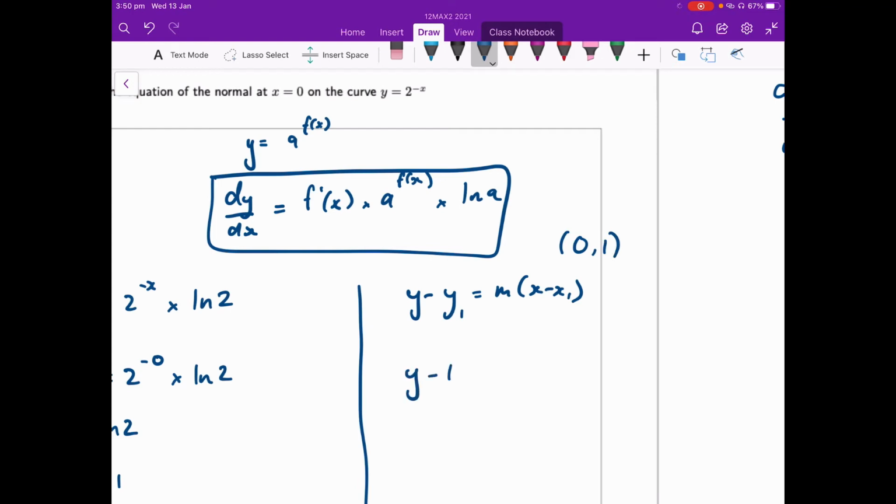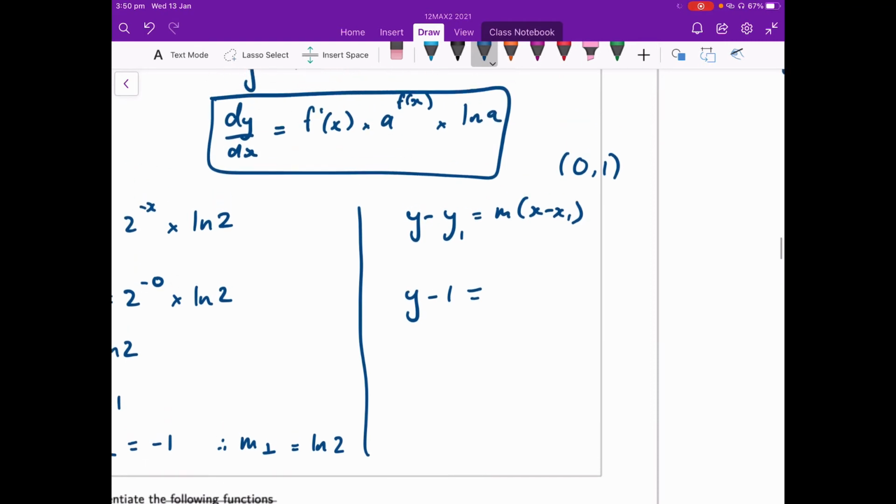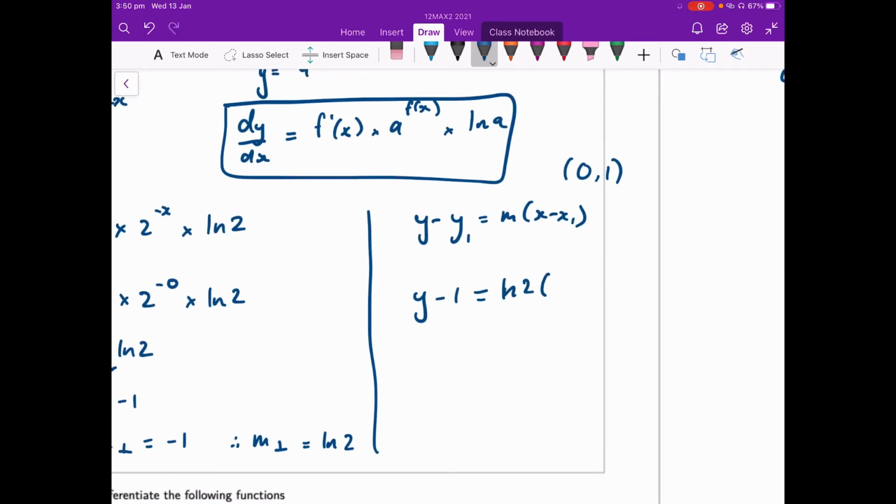So y minus 1 is equal to the gradient, which we said was ln 2, multiplied by x, and our x coordinate was 0. So therefore, I'm going to get the equation of the normal as y equals x ln 2 plus 1. Brilliant.